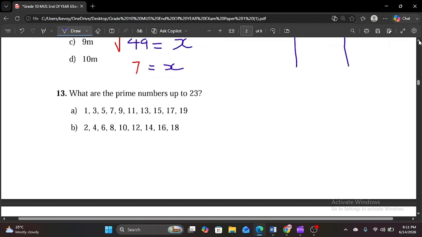Moving on to question 13. What are prime numbers up to 23? So prime numbers are numbers that can be divided only, so let's put the definition right there.